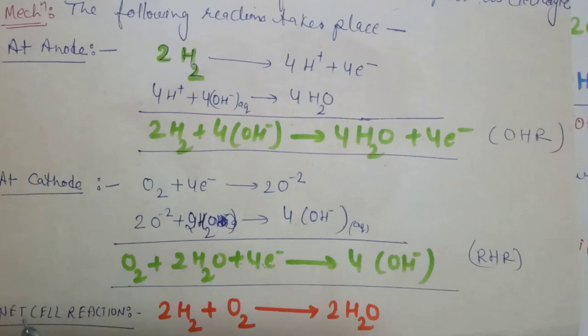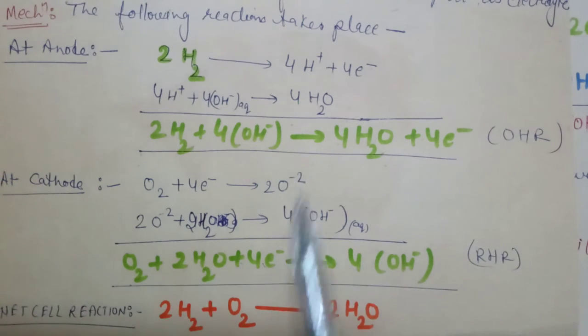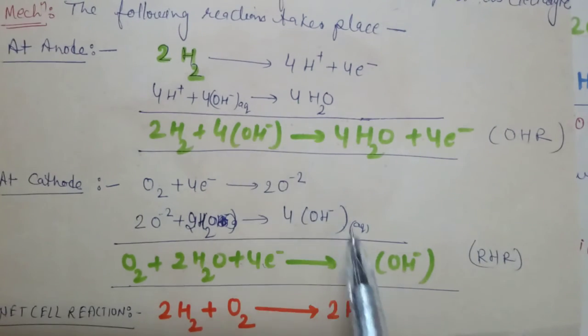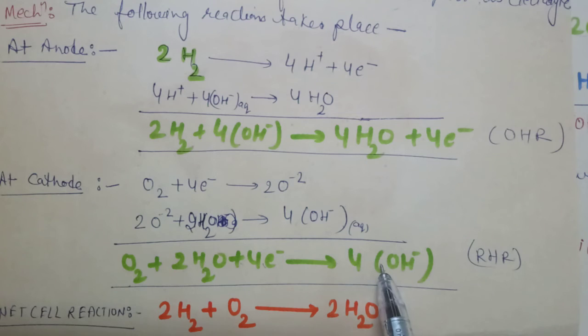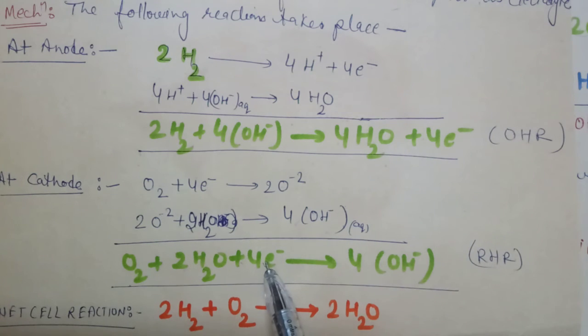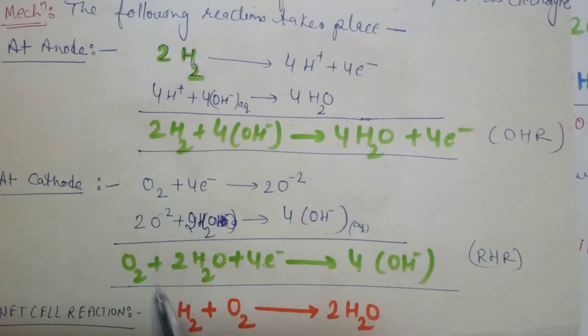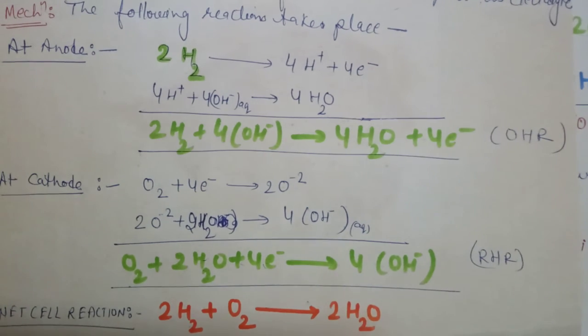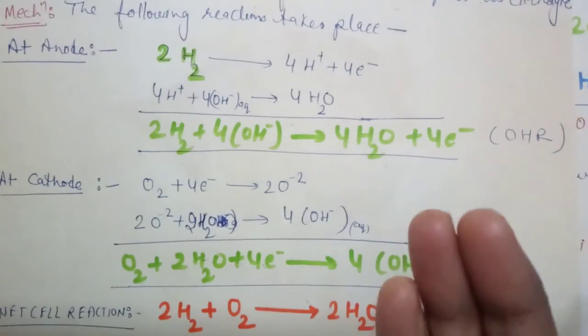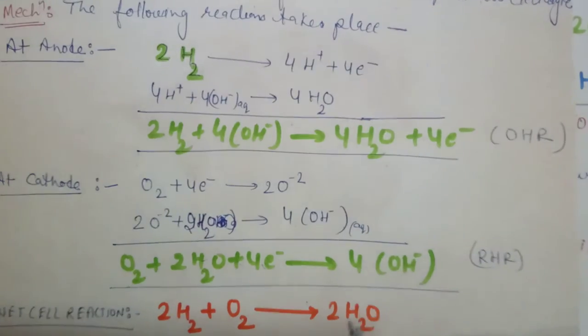Now we will obtain the net cell reaction by adding these two reactions. 4OH minus ions, 4 electrons, and 2H2O are cancelled. So the net cell reaction will be 2H2 plus O2 is equal to 2H2O. Clear? This is a very simple reaction to obtain H2O.